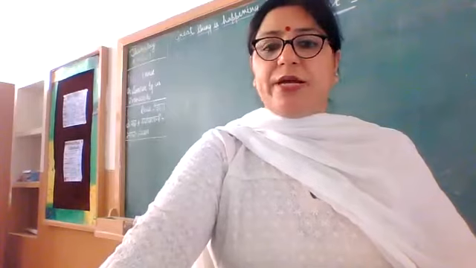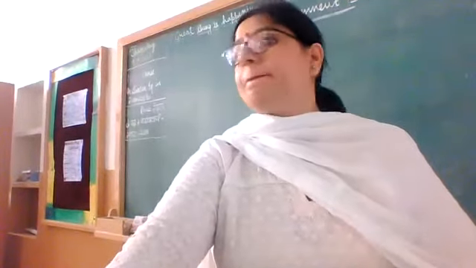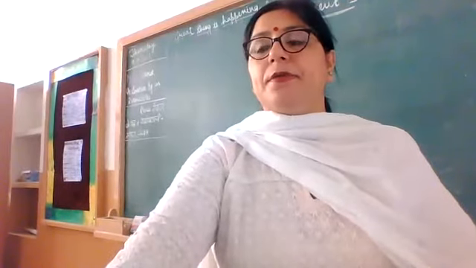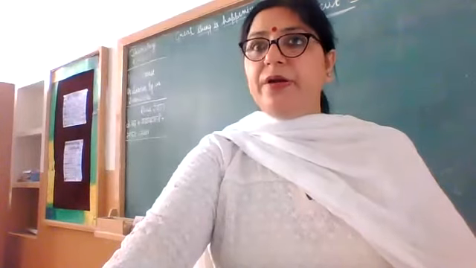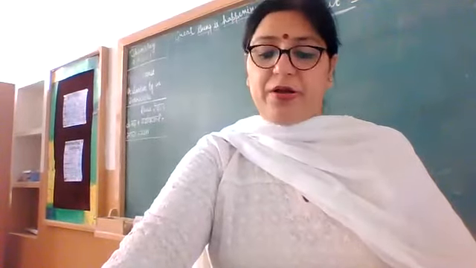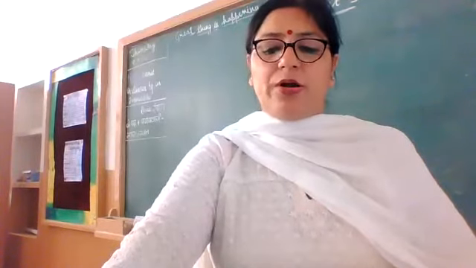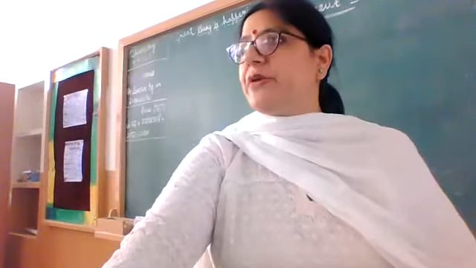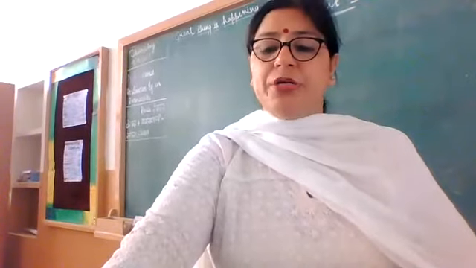The period from 1793 to 1794 is called the Reign of Terror. Explain. 5 marks. Last question.